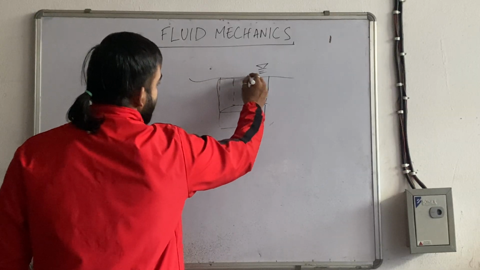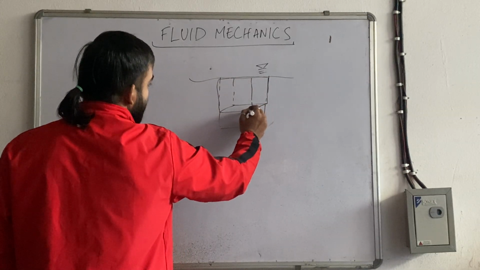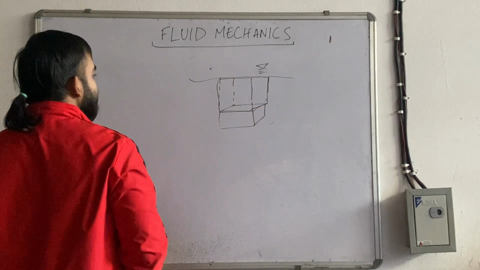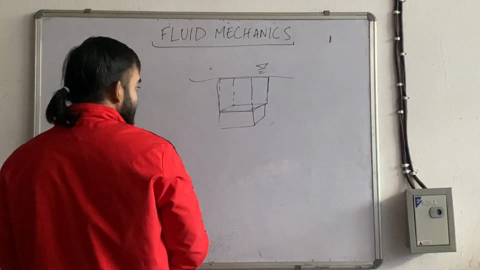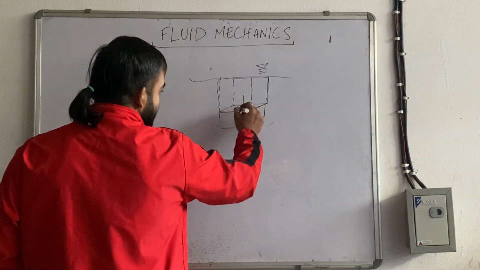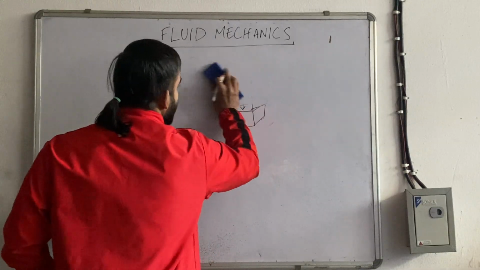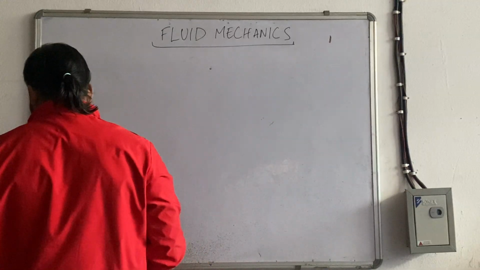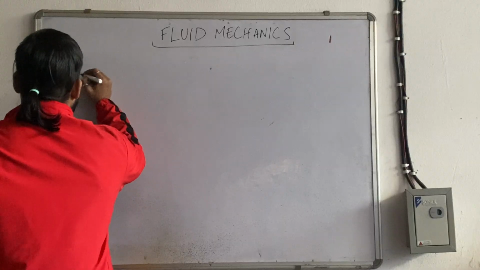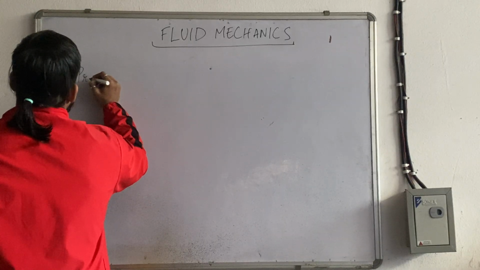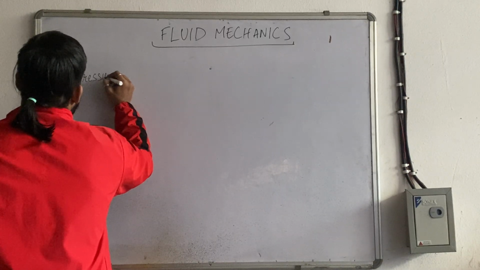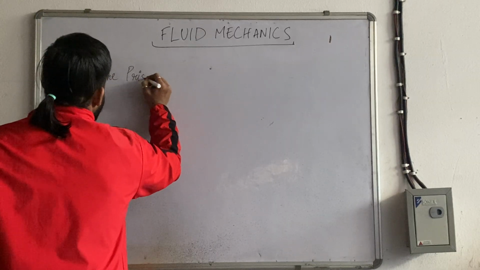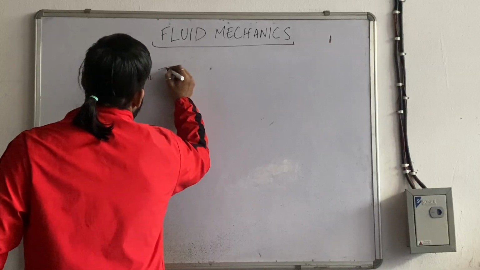The volume this containment is covering will give us the value of force acting on the surface. This technique is known as pressure prism technique.